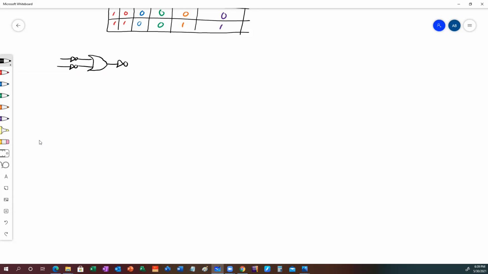Right, then here you have another AND gate to which you join this. Then you have another AND gate here, into which this runs. This one also runs to this one.